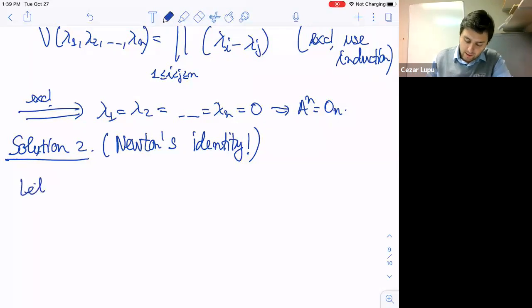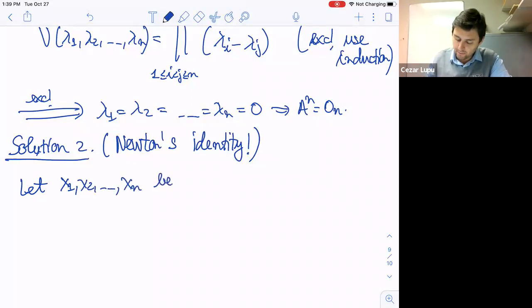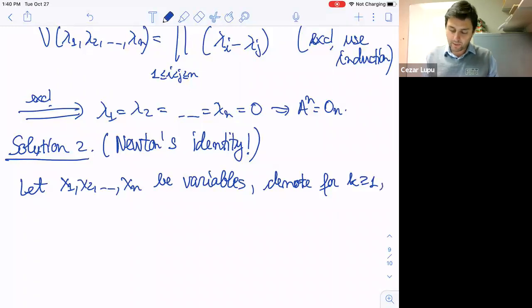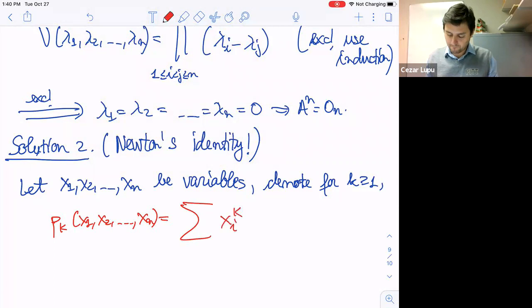Let x1, x2, xn be variables, and for k greater or equal than 1, we'll denote p sub k of x1, x2, xn as this sum.